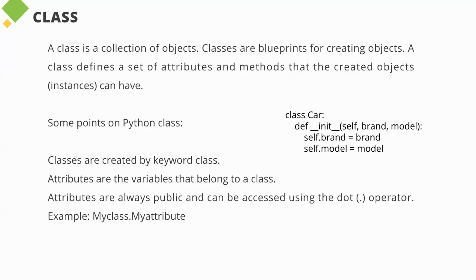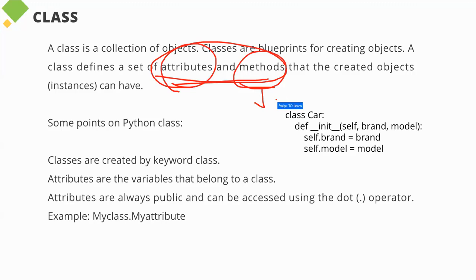Let's see. Classes are blueprints for creating objects. A class is something unique defined by us, and it consists of a set of attributes and methods. Attributes are also called parameters, and methods are called functions. Suppose you have a class car. A car consists of its brand name and its model name.